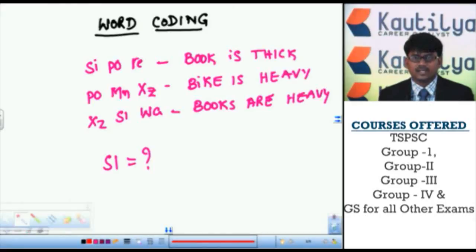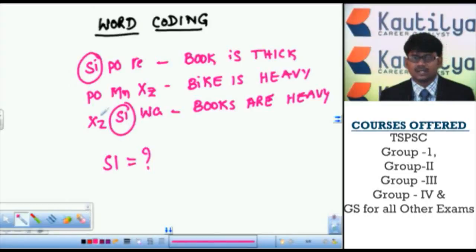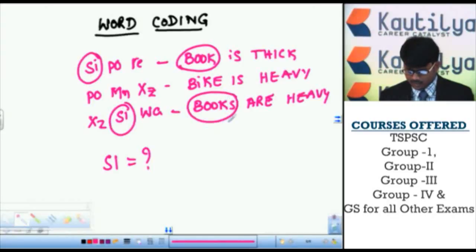Which code is repeated in the given sequences? Clearly here, SI is repeated in the first one and third one. In the first and third, the repeated word is book. That means SI is coded as book. The repeated code stands for the repeated word.